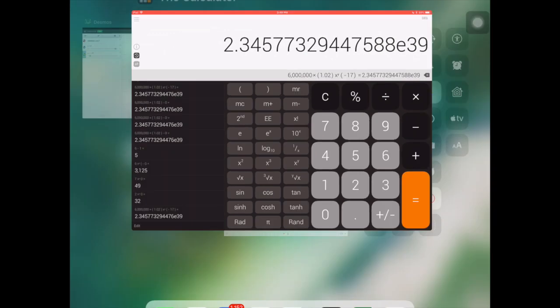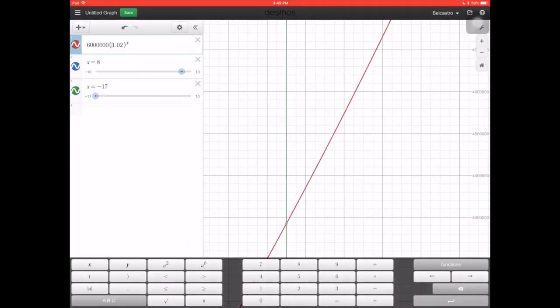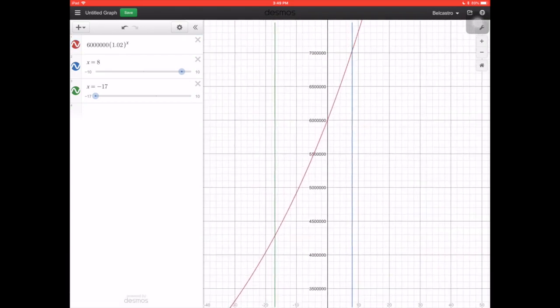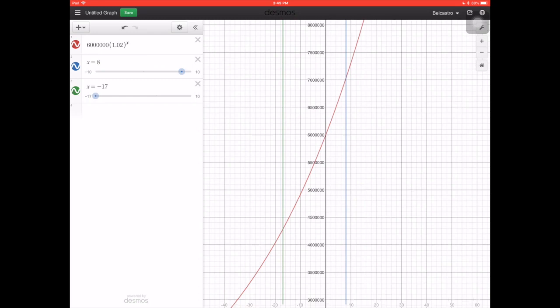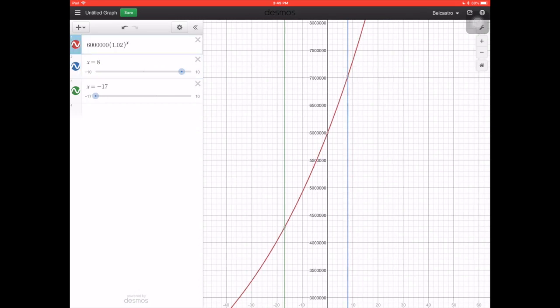So I went to trusty old Desmos, and I put in 6 million times 1.02 to the power of x, and then I put in the values of where they intersect the line. I double-checked our first one, when x equals 8, is it 7 million?